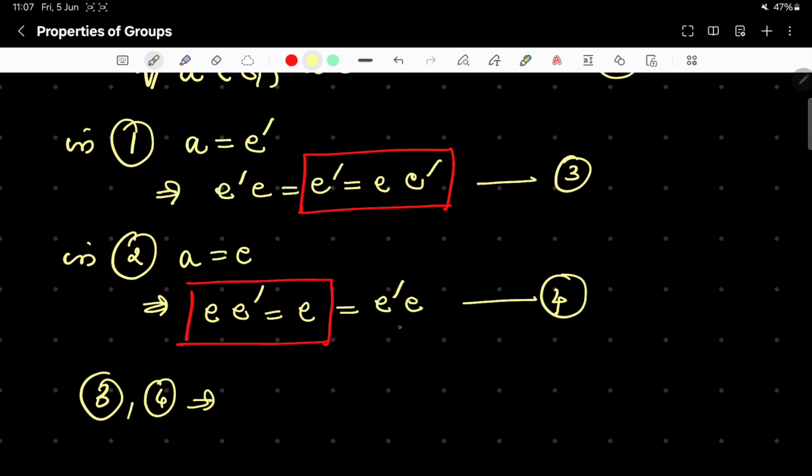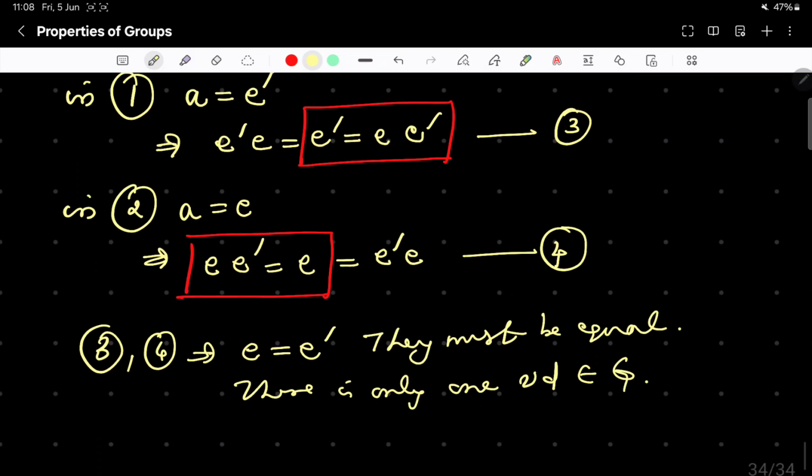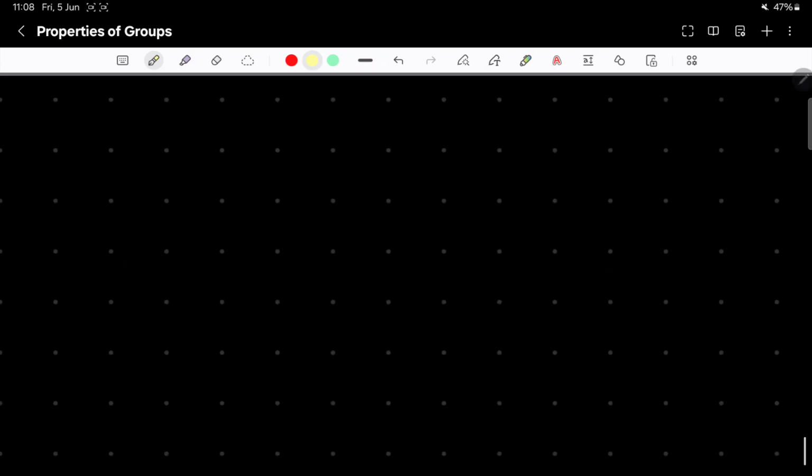So that means E dash is equal to both. That means E is equal to E dash. So if you assume two identities are there, then they must be equal. Or what you can say is there is only one identity inside G. Okay. So that's the first theorem.